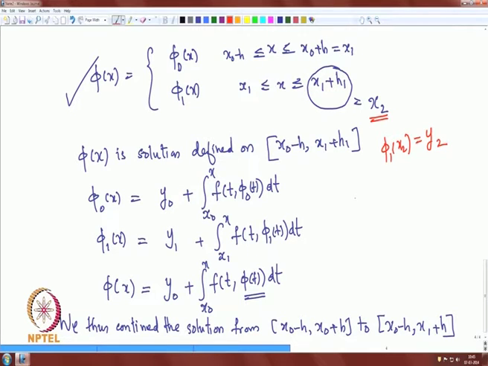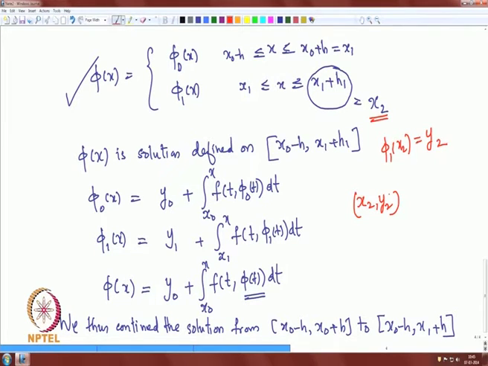So, I got a new initial condition x 2, y 2. Again, if x 2, y 2 is inside the domain and f of x 2, y 2 is defined, it has all properties since f is defined on D and the conditions of the existence theorem are satisfied.